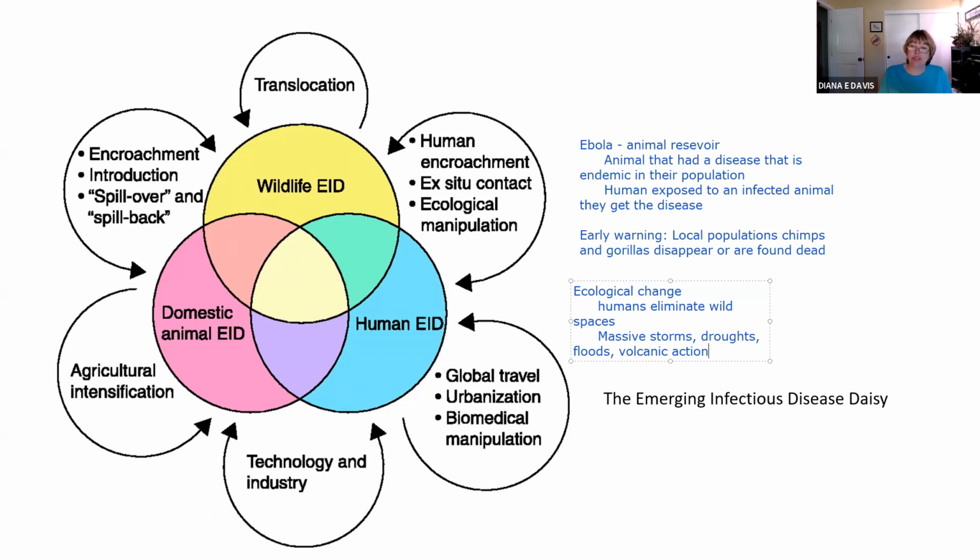Massive storms, droughts, and floods are increasing with climate change. Volcanic action is one of the few things that humans are not capable of impacting in the world. And so that's not changing at all. So all of these sorts of things increase the risk of emerging infectious diseases.